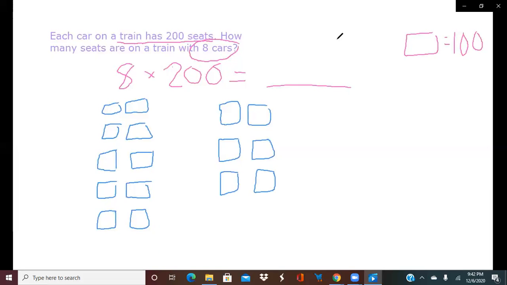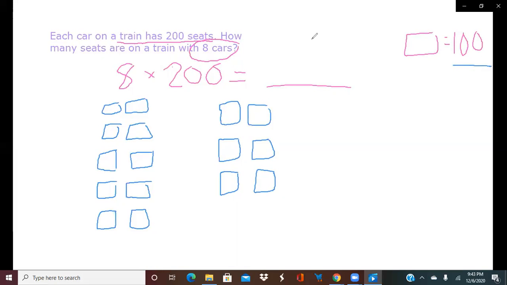Okay, so now I can use this model to help me find out how many total seats are on this train of 8 cars. So we'll count like we did in the model, to see how many altogether. And we're going to circle our groups of 1000s. Each square represents 100. So we're going to count by hundreds. You ready?